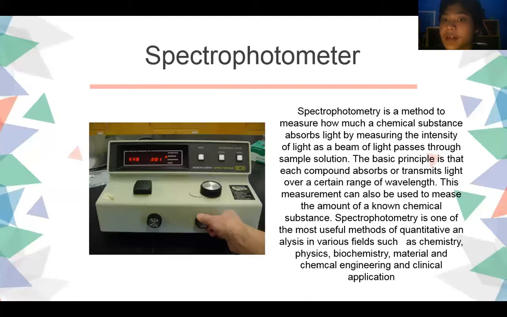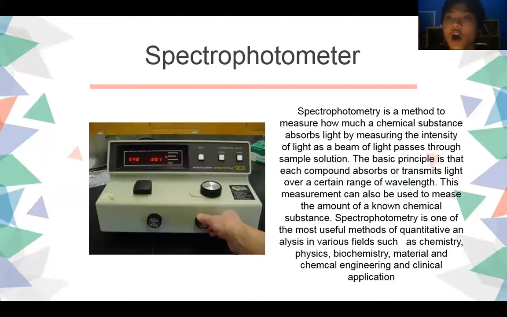These measurements can also be used to measure the amount of a chemical substance. Spectrophotometry is one of the most useful methods of quantitative analysis in various fields such as chemistry, physics, biochemistry, material and chemical engineering, and clinical application.